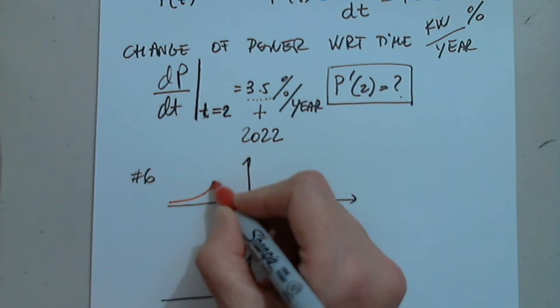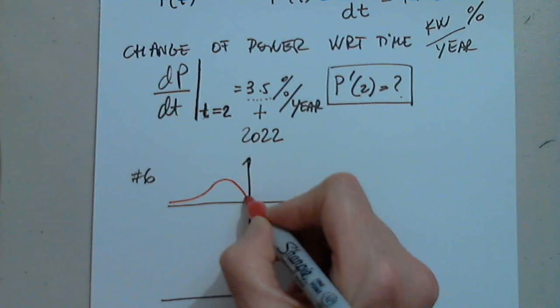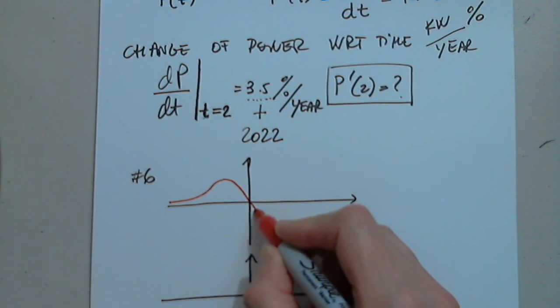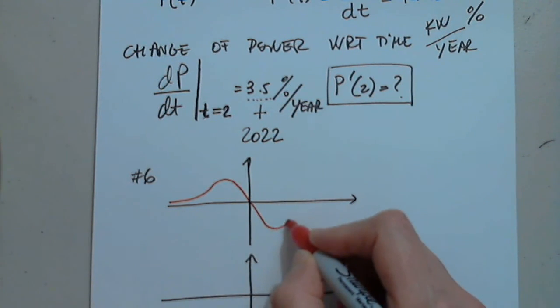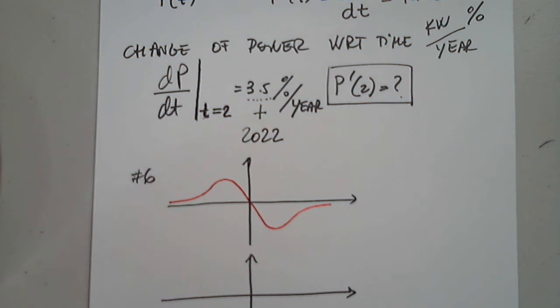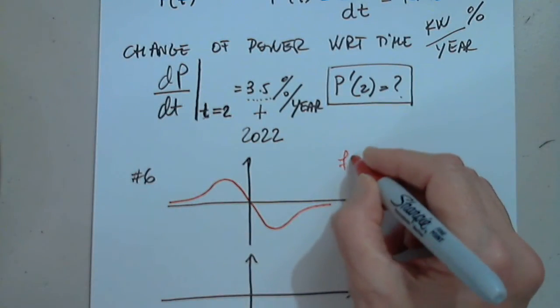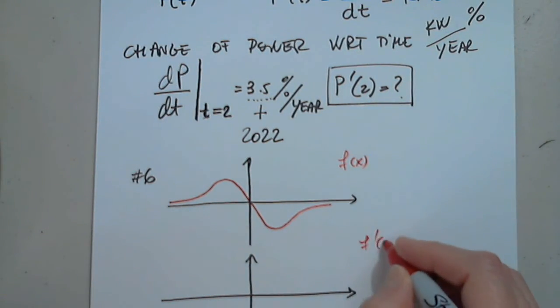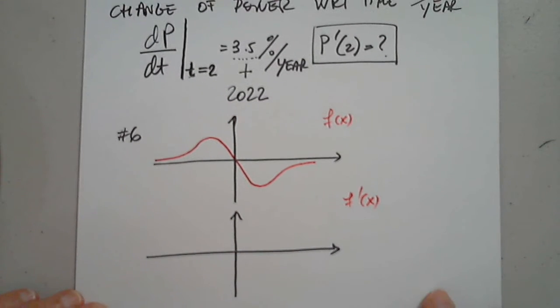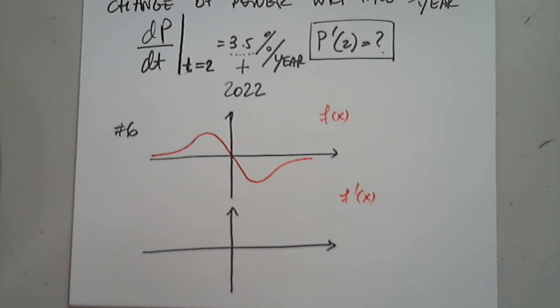So it does this and then crosses and goes down and does this. Good pick. Okay, so this is our function f of x, and we want to sketch an approximate graph for f prime. This is not going to be exact.